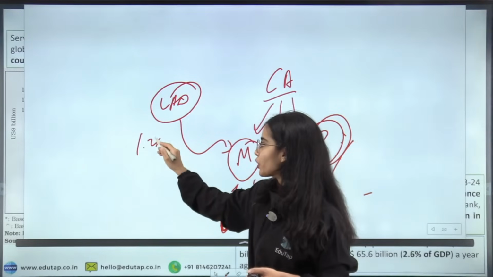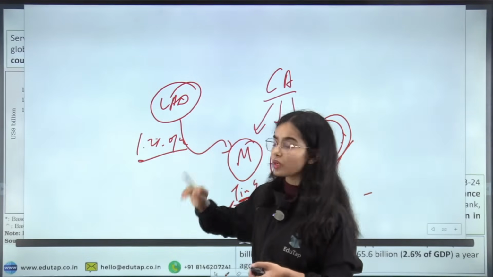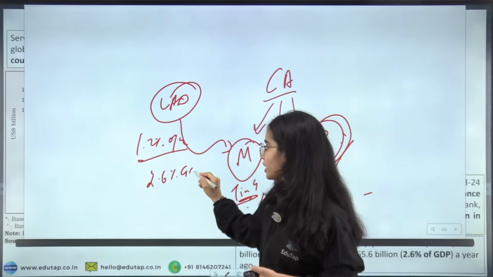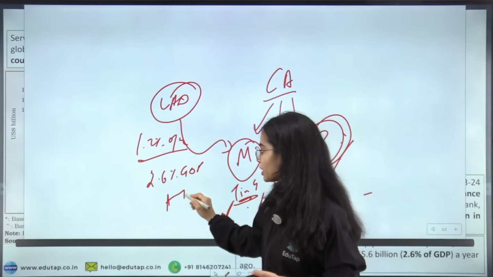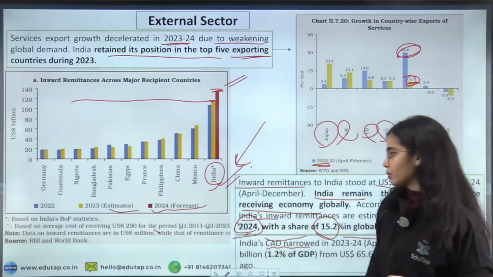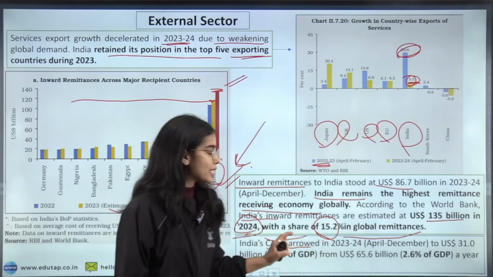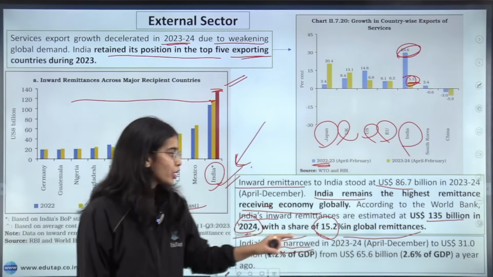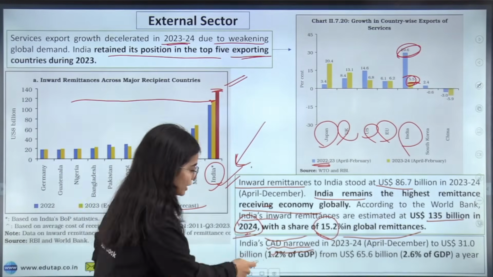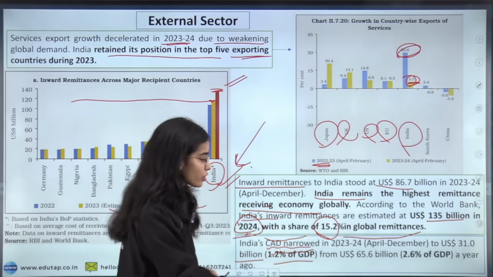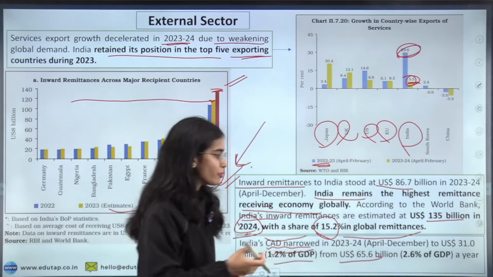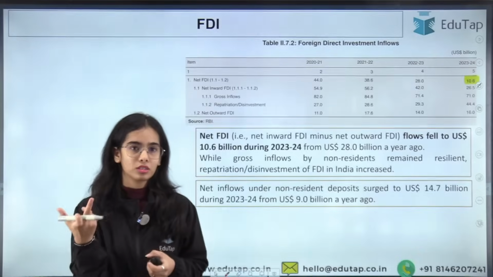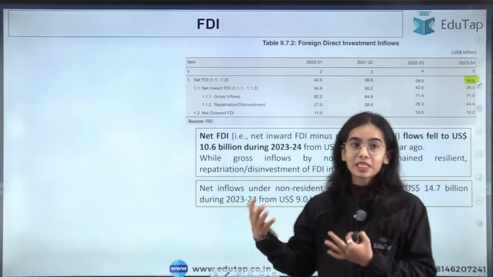It was 1.2% of the GDP in 2023-24, lower than the 2.6% of the GDP in 2022-23, for the April to December data that we are taking. So India's current account deficit narrowed in 2023-24 to $31 billion, that is 1.2% of the GDP, from $65.6 billion, that was 2.6% of the GDP in the April to December time period. Now coming to the net FDI.